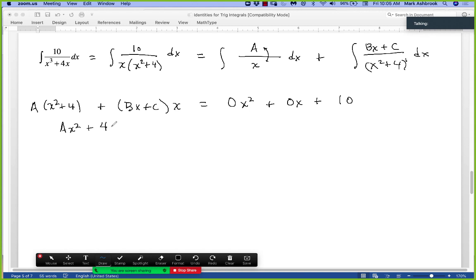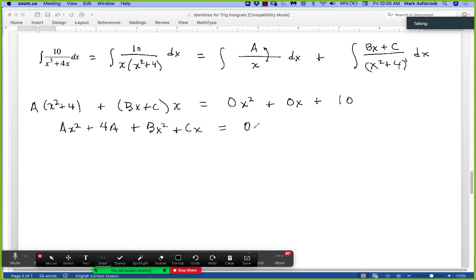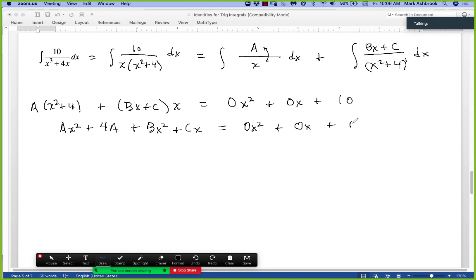So you're going to do the same way. You're going to multiply out. And then we're going to match up, right? A plus B equals 0. C equals 0. That's nice, right?